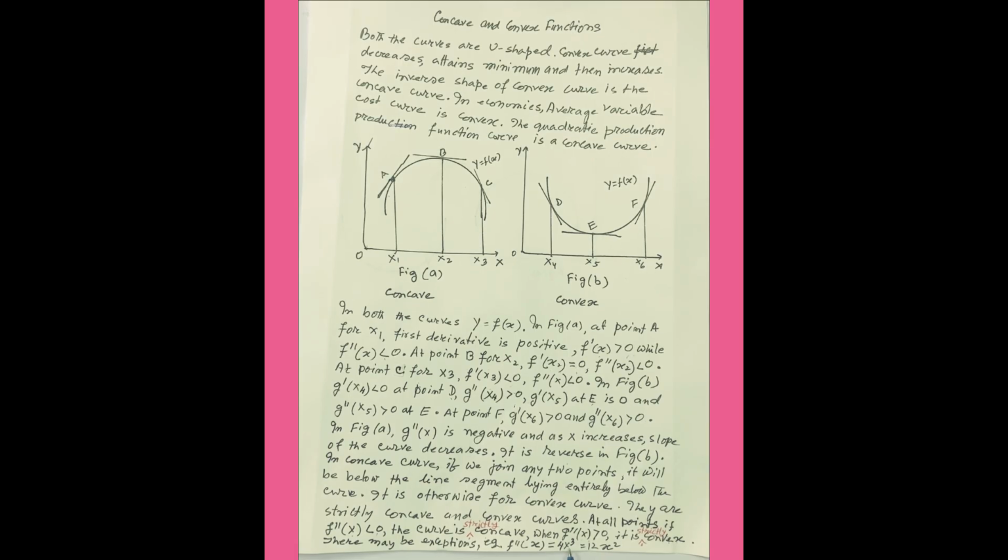The first derivative is 4x cubed, and the second derivative will be 12x square. So it is indeterminate whether it is positive or negative. That's why there may be some exceptions in this criteria.